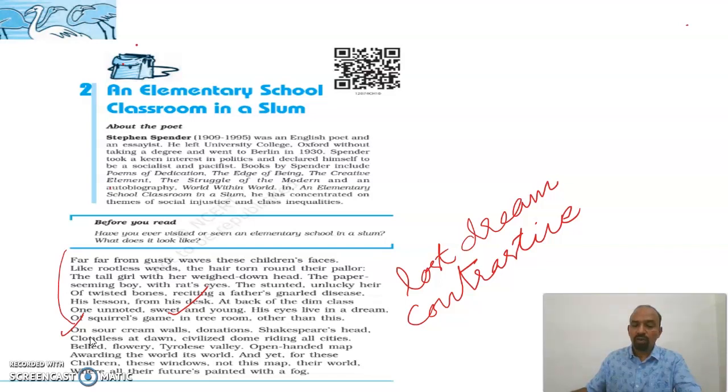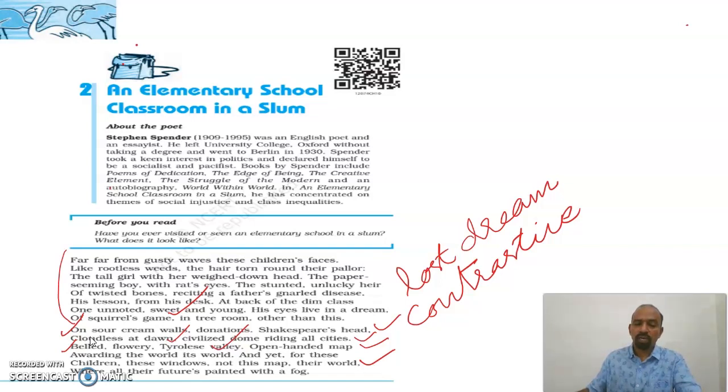On sour cream walls, donations, Shakespeare's head, cloudless at dawn, civilized dome riding all the cities, build flowery Tyrolese valley, open-handed map awarding the world its world, and yet for these children, these windows not the map, their world. Look at the stanza here.